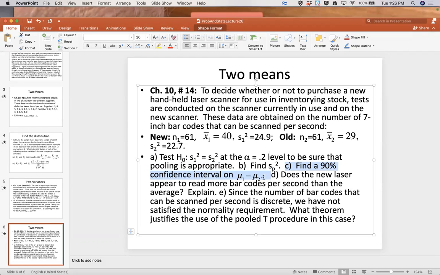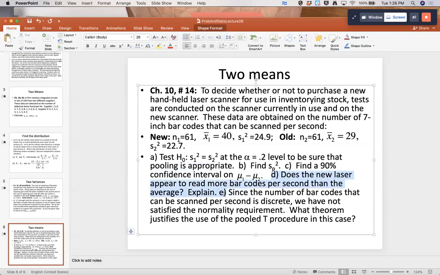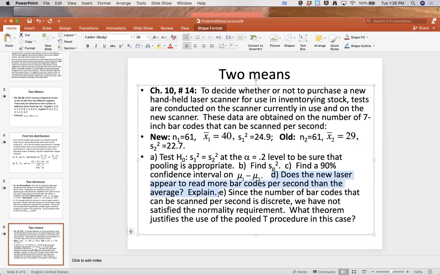I guess that's kind of the way they're phrasing this problem. It seems like they're saying just go ahead and do a confidence interval, because they're not saying set up null and alternative hypotheses for the mean here. They're not saying that, but D kind of does imply it. If your interval from part C contains all positive numbers, that would be evidence to say the answer to part D is yes.